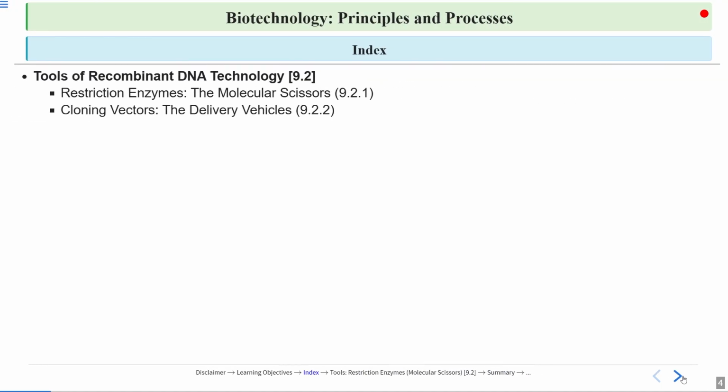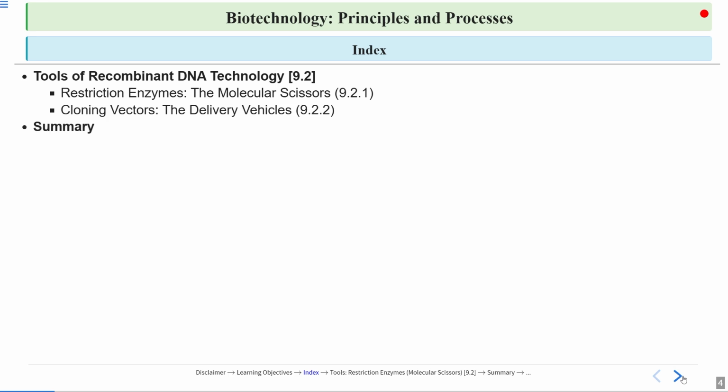This is the index of today's class, which we will follow. First, tools of recombinant DNA technology, that is section 9.2 of chapter 9 of biology NCERT class 12th, in which there are two subsections: 9.2.1 restriction enzymes, and second, the cloning vectors, the delivery vehicles, 9.2.2.